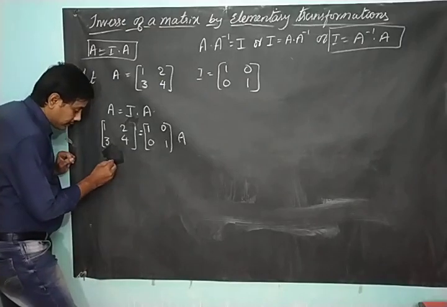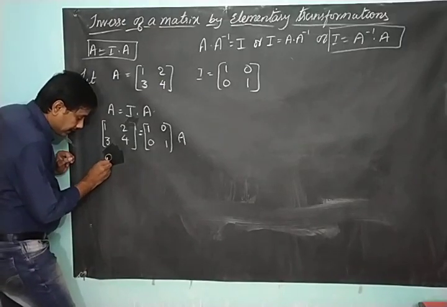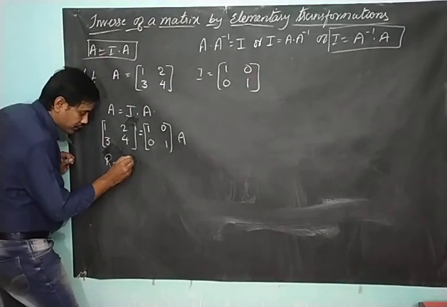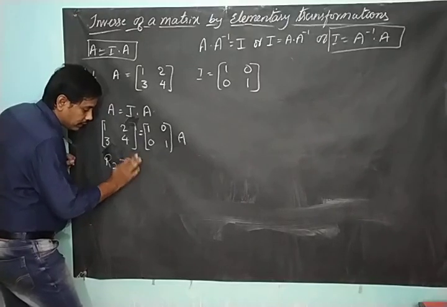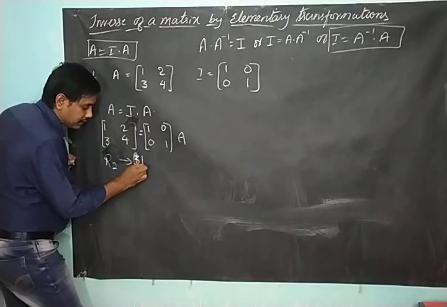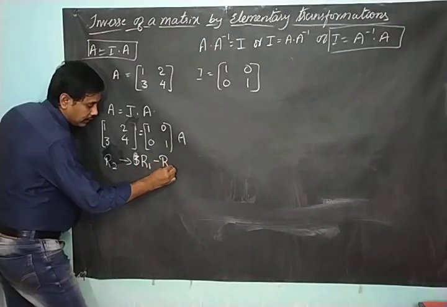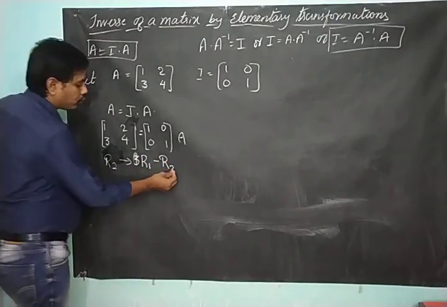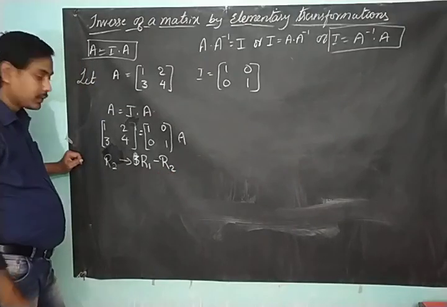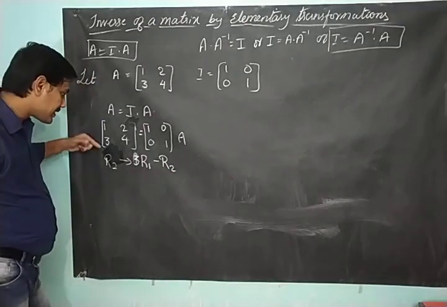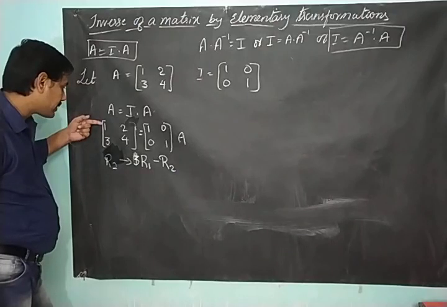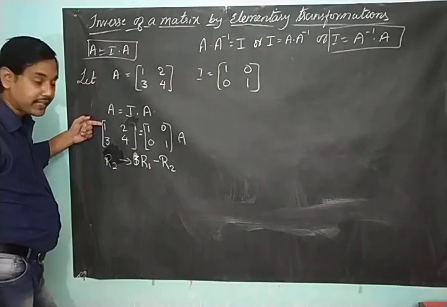So now, I can write R2 changes to 3 times R1 minus R2. 3 times R1 means 3 into 1, it will be 3.